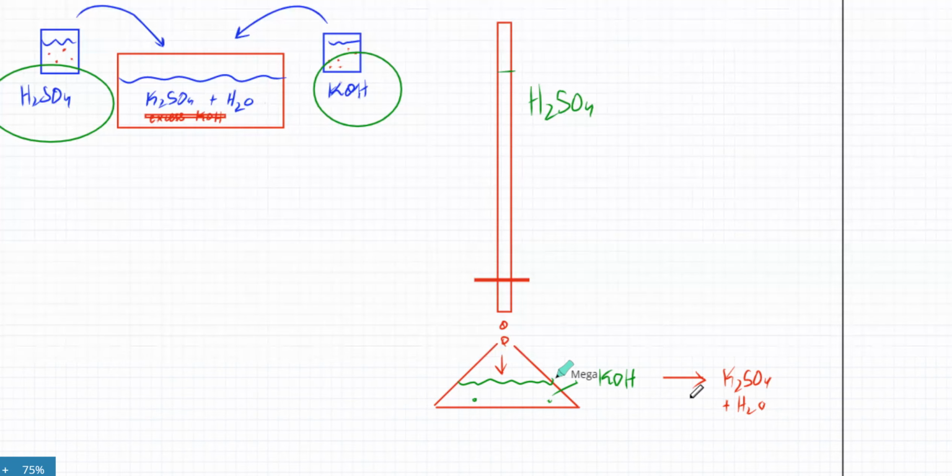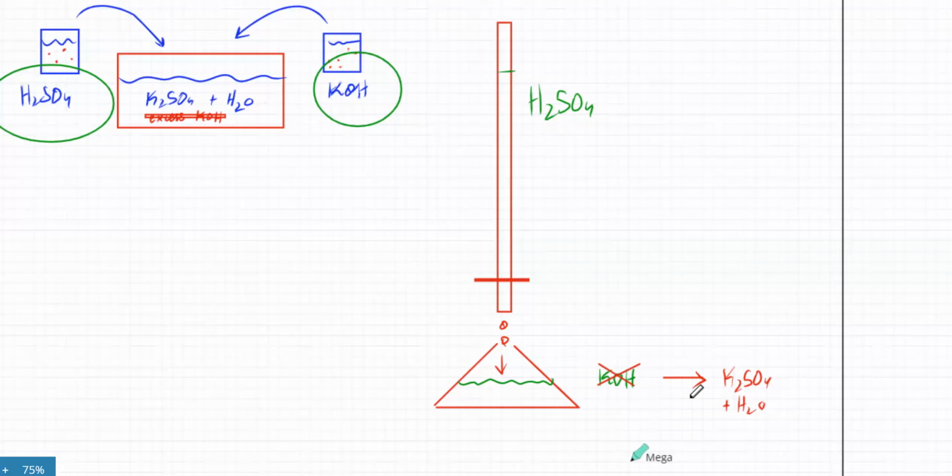Okay, so imagine you're slowly adding H2SO4 and it reacts with KOH and produces the salt and water molecules. There would come a point when you add a few drops of H2SO4 and the last particles of KOH also react. And now all the KOH is gone.